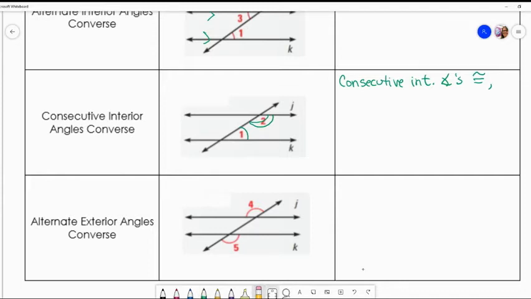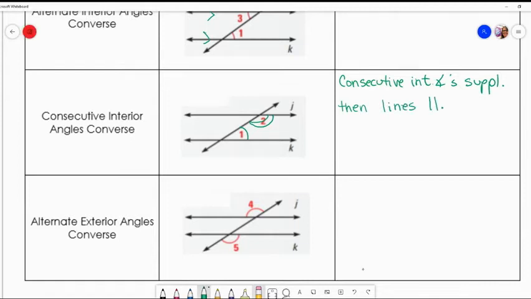Oh, sorry, not congruent. Let's try that again. If consecutive interior angles are supplementary, then the lines are parallel.